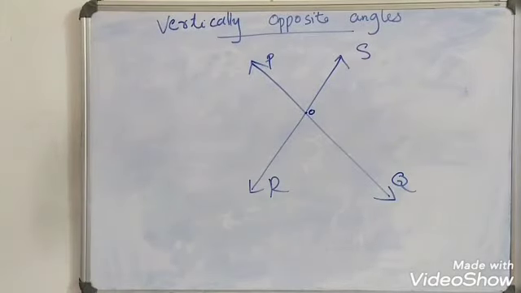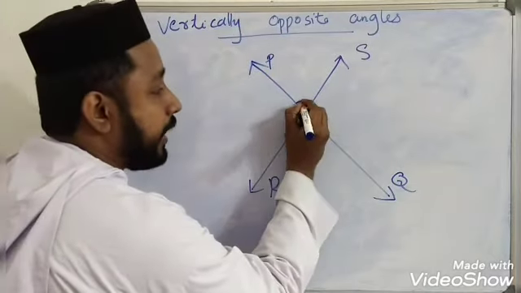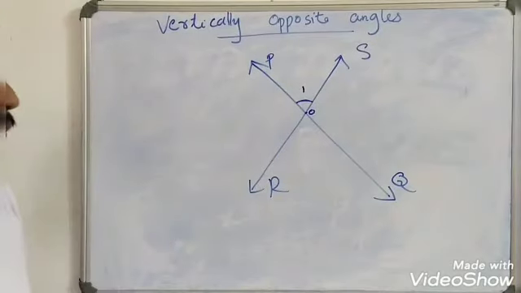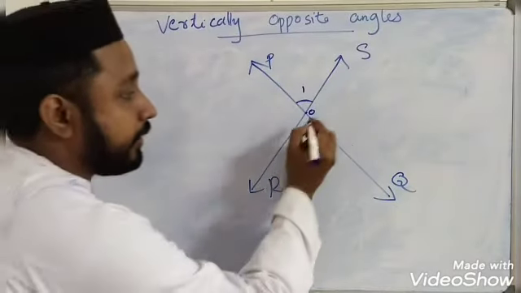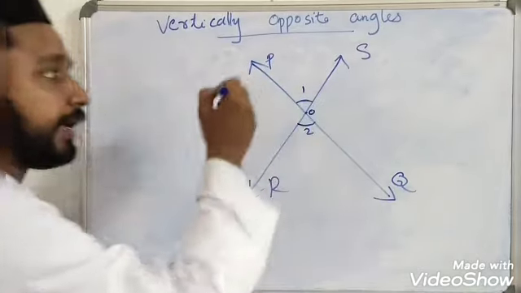Then vertically opposite angles mean this: consider this angle, angle 1. Here also there is another angle, angle 2, just opposite to angle 1.